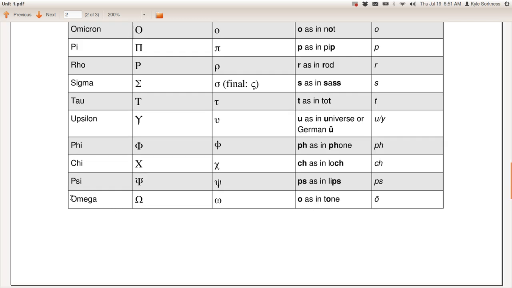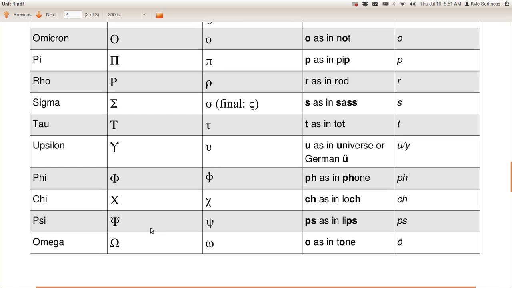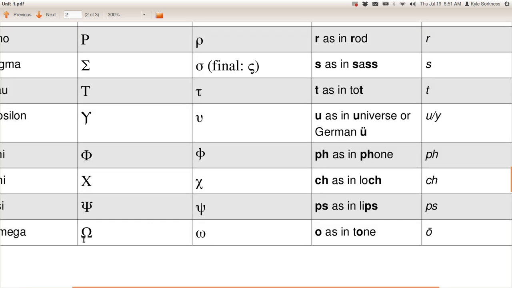And the last letter of the alphabet, many of you probably know, you've heard the phrase alpha and omega. So omega is the final letter of the alphabet. Unlike omicron, which was an ah sound, omega is a long sound, omega. The uppercase omega you may have seen before. Again, I'm not really sure how to describe this other than just to show it to you.